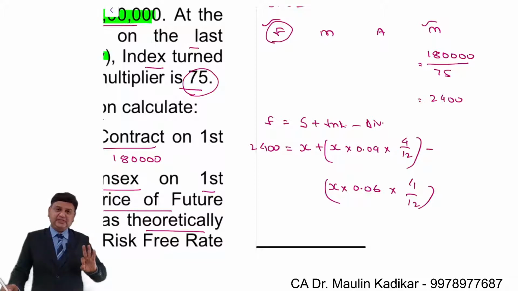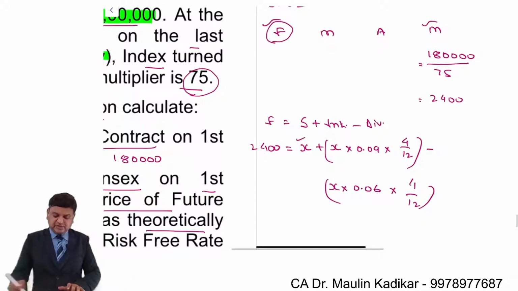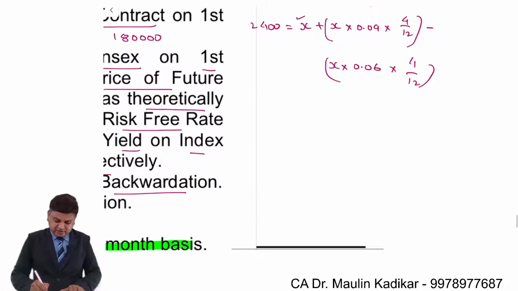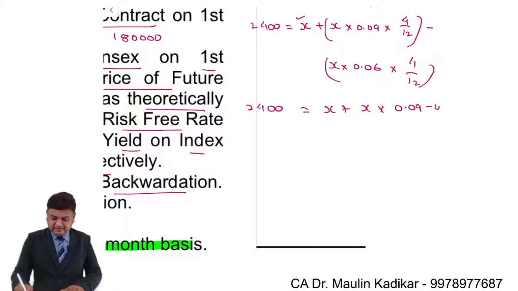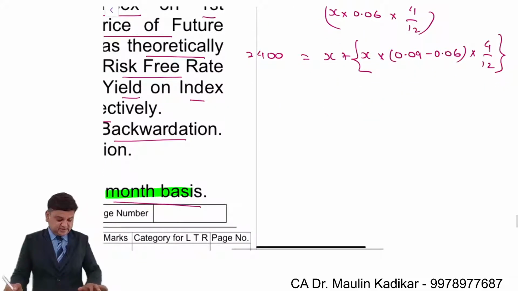Language of the question speaks that if at all the futures price at which the transaction is entered upon is theoretically correct futures price, then what must be the spot prices required to be calculated by us? So over here it is 2,400 is equal to x plus x into 0.09 minus 0.06 into 4 divided by 12. This is what we understand.